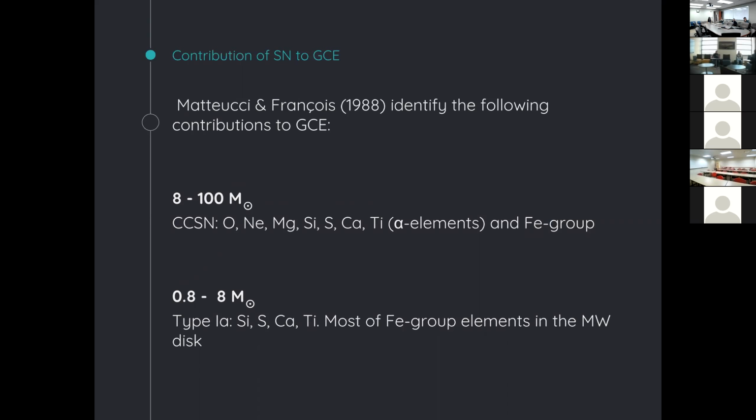So I've put it here as 8 solar masses. 8 to 100, of course, is core collapse supernova, and they produce a whole range of material, the alpha elements and iron group elements. Type 1a supernova mainly contribute iron group elements and, to a lesser extent, some of the alpha elements there, like silicon and sulfur.